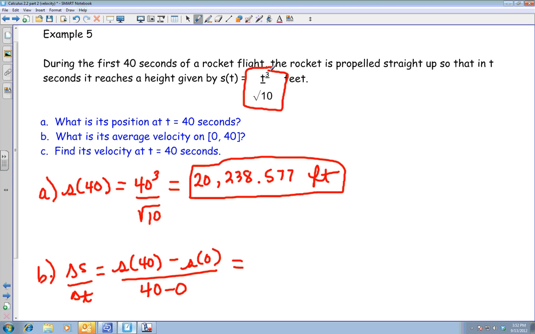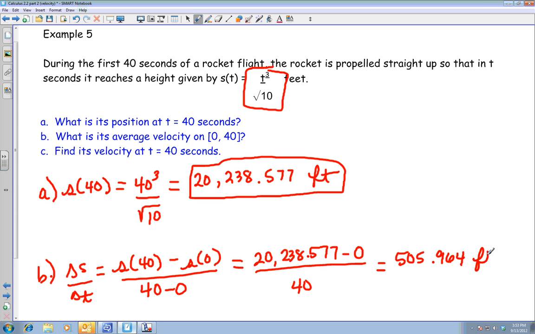When you plug 40 in, we know what we got, we just did it. That number minus, when I plug 0 in, I get 0, all over 40. When I divide that out, I get 505.964 feet per second. It's going pretty fast. It's a positive number because it's moving up.